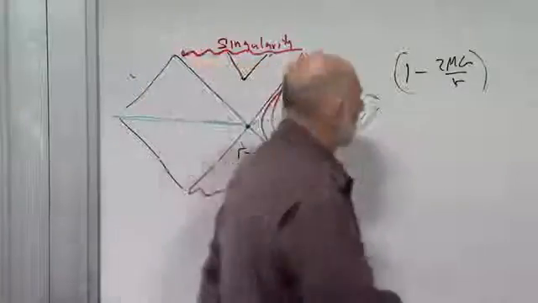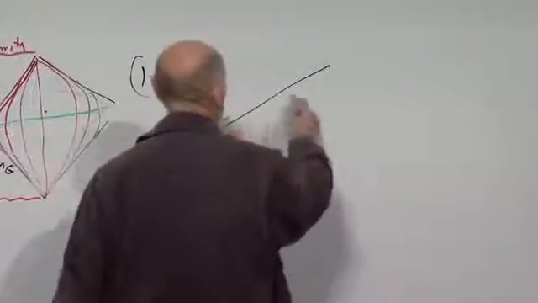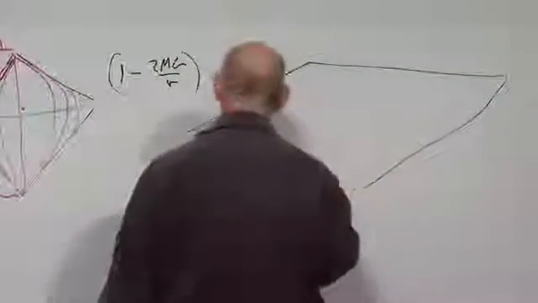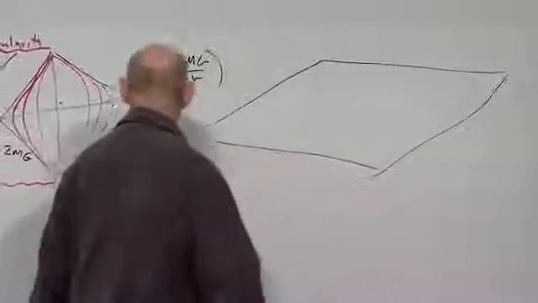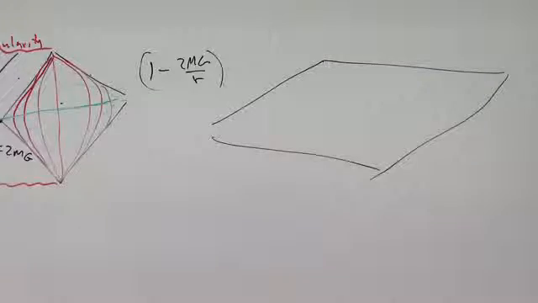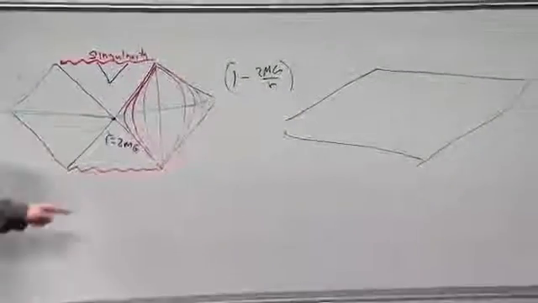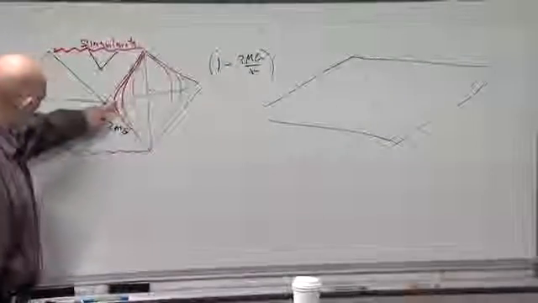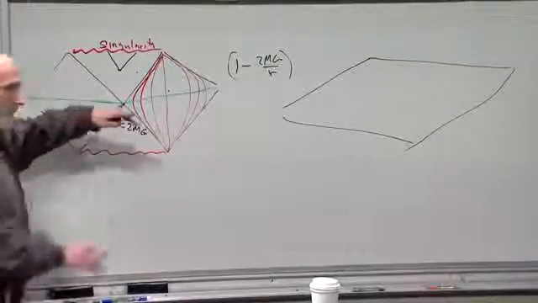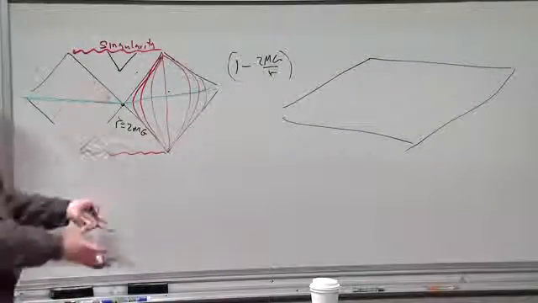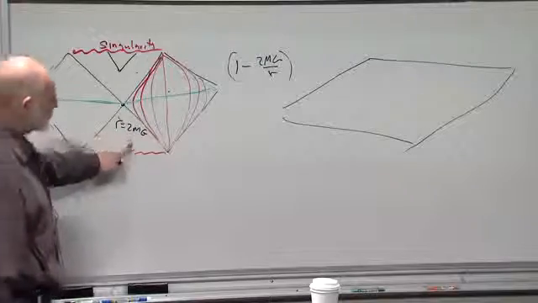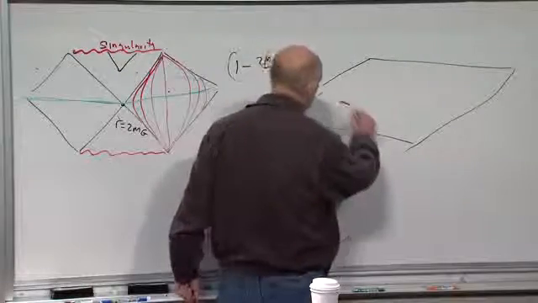Okay? So, you see a very big region of space. I'm just drawing it as a plane. Right? As you come in, you move in closer and closer to this horizon. What happens to the radius of the sphere? It shrinks down to r equals 2mg. So you could draw that like this.